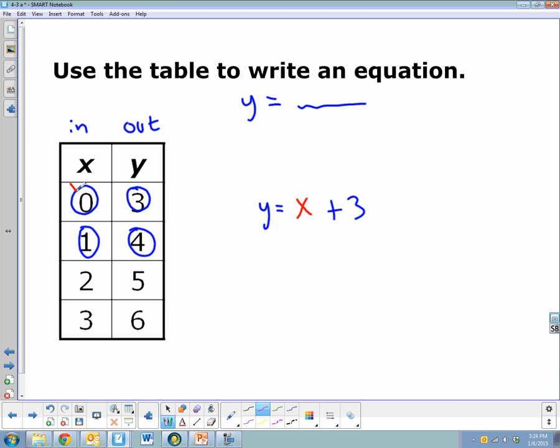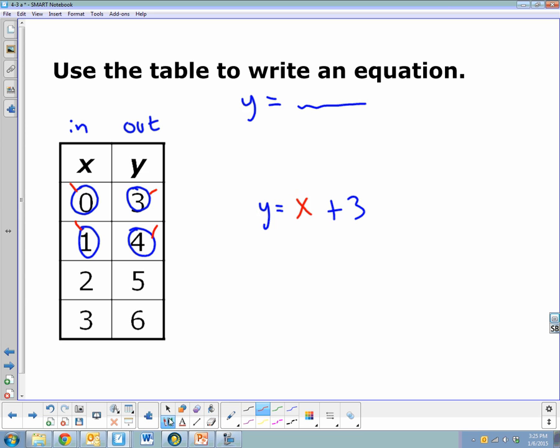So if x is 0, 0 plus 3, I get 3, which is what I wanted. Sorry, I said it gave us 4 at first. So let's try another one. The next one, 1 plus 3 gives us 4. That's what we want. 1 goes in, 4 comes out. Good. Let's try the next one.